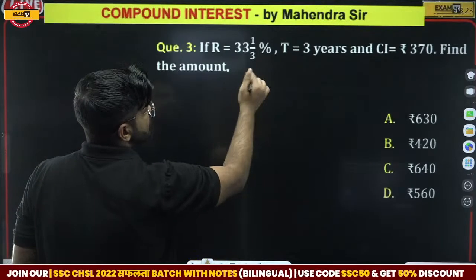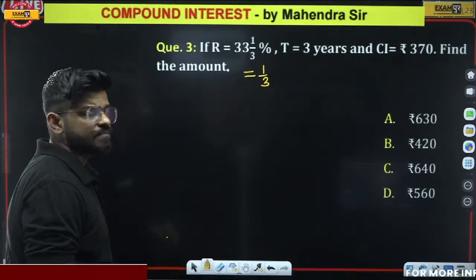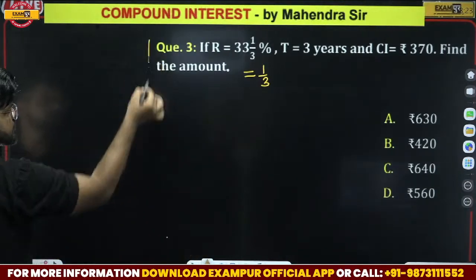So R is 33%. How can we write it? 1 by 3. Yes or no? If P is not given, you can let P be something.